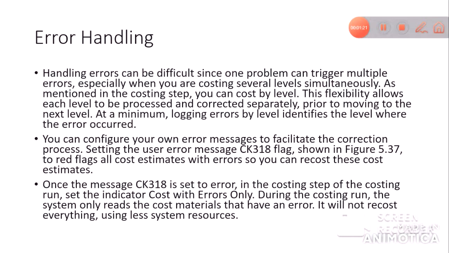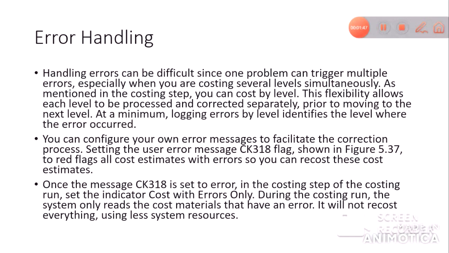Setting the user error message CK318 flag shown in the figure to red flags all cost estimates with errors, so you can recost these cost estimates. Once the message is set to error in the costing step of the costing run, set the indicator cost with errors only.